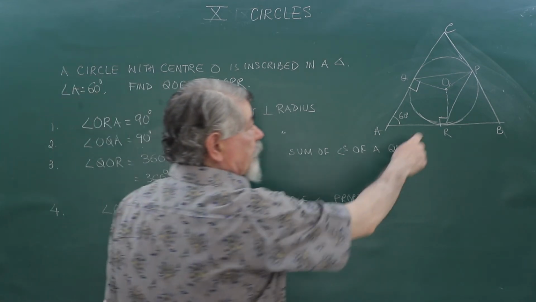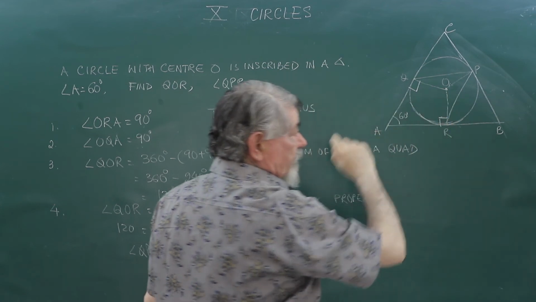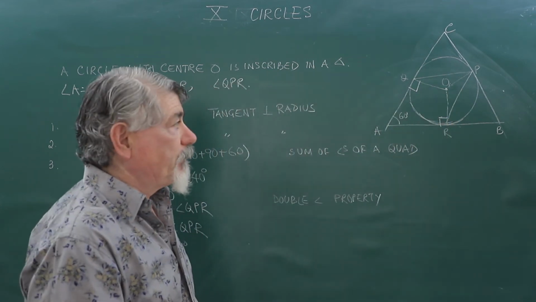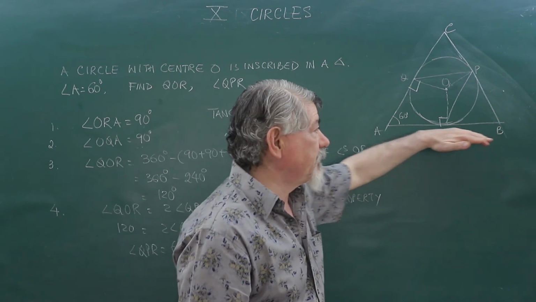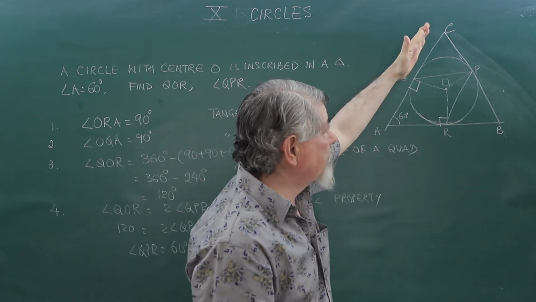From O, if I drop a perpendicular on this, or if I join the point of contact, obviously it will be perpendicular because this is a tangent. Similarly, this is touching.